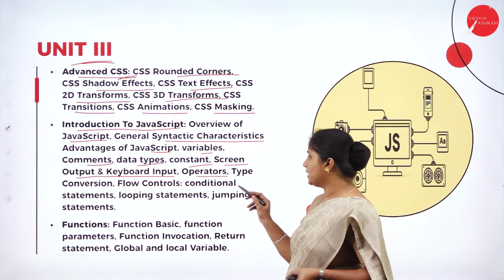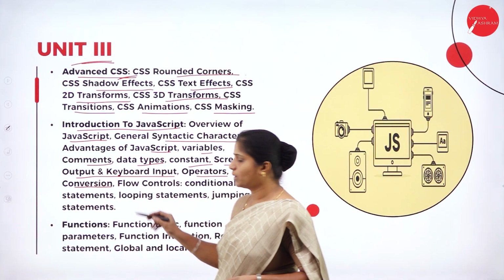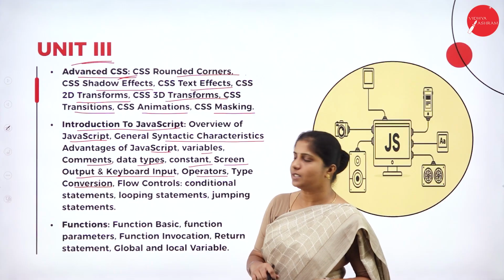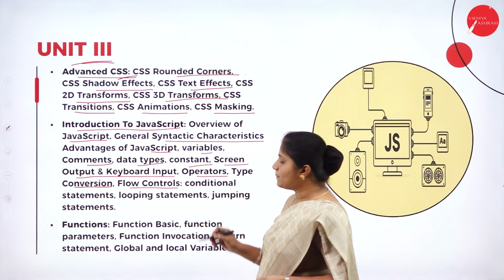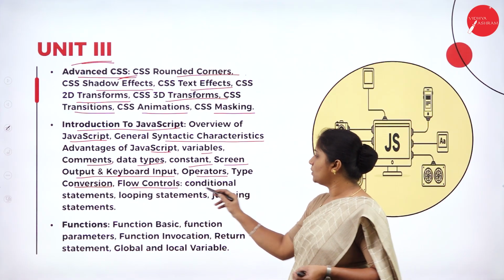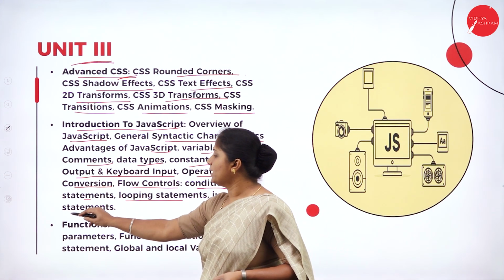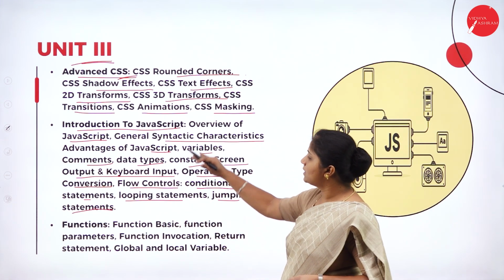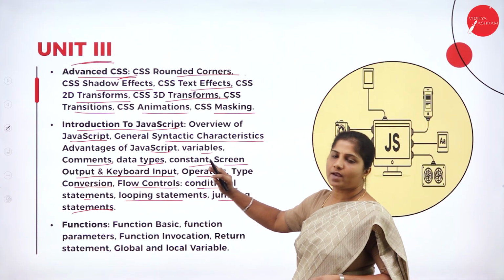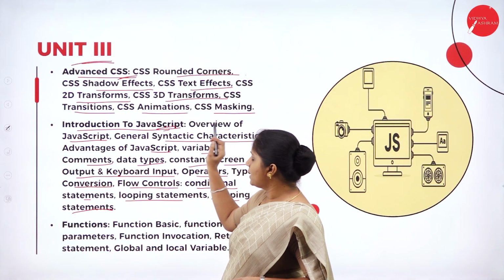Then operators, type conversion from implicit to explicit or explicit to implicit. Then some flow controls: conditional statements, looping statements, and jumping statements. These are some of the important topics we are going to study under JavaScript.